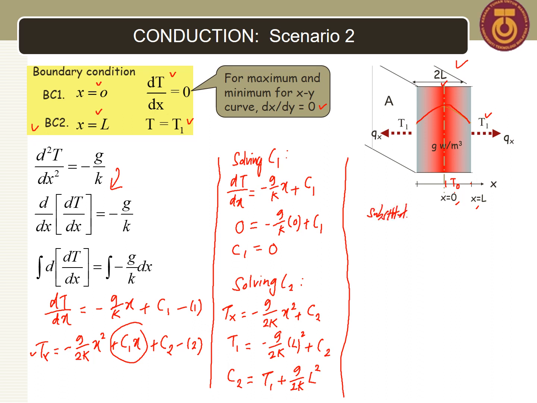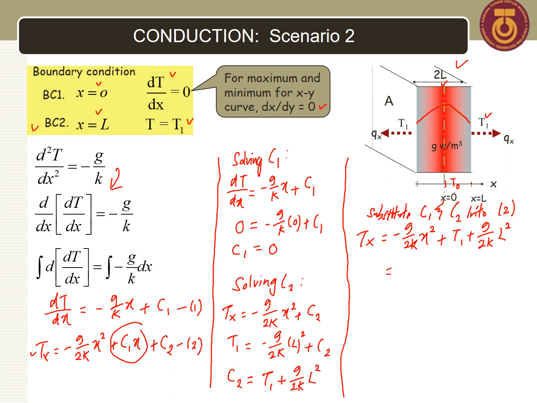This is what we get: T(x) equals negative g over 2k x squared, c1 equals 0, then plus c2, which equals T1 plus g over 2k L squared.